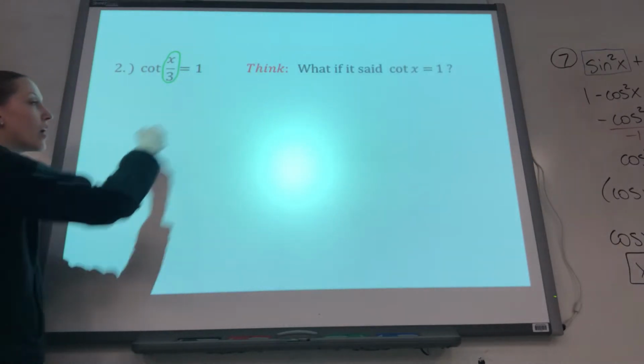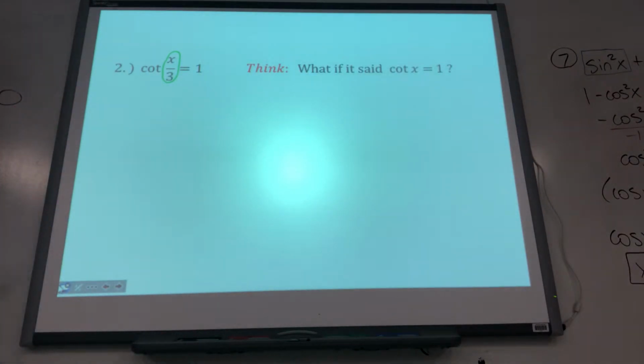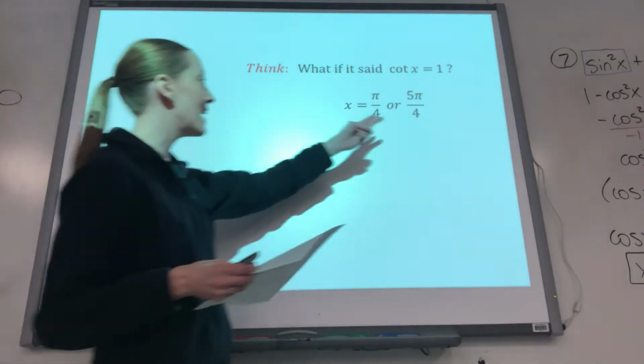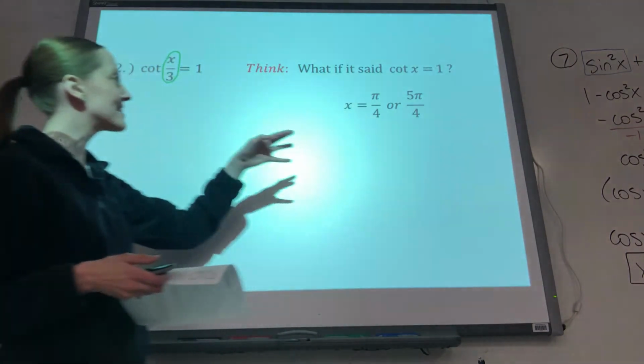So imagine what you would do if it was just cotangent of x equals 1. Anybody see where cotangent of x is 1? Pi over 4 and 5 pi over 4. Very nice. That's just for x though.